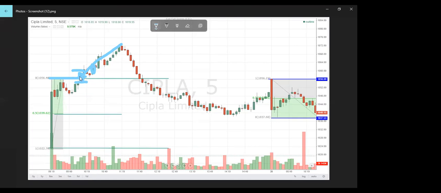Before the high breaks out, we look for the inside candle setup, that is at least 7 candles, 10 candles, 20 candles, but the minimum is 7 candles, where we have to wait for the stock to trade. So the first candle high, this is a low, inside 7 candles, breakout, we go for the trade, and the candle low is your stop loss. So like this, we go for the inside 7 concept.